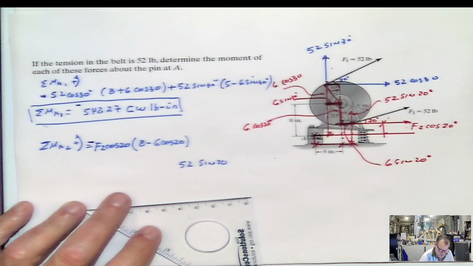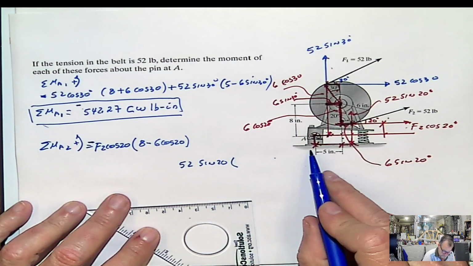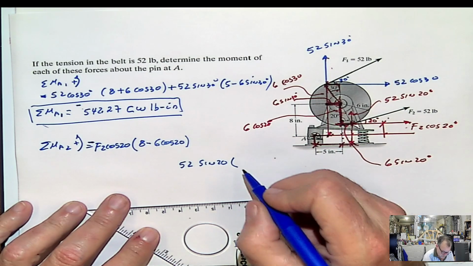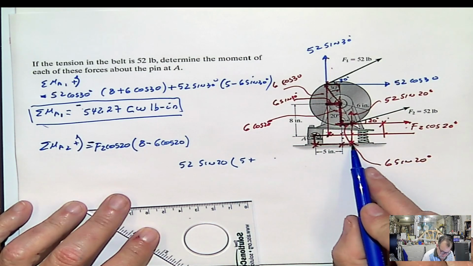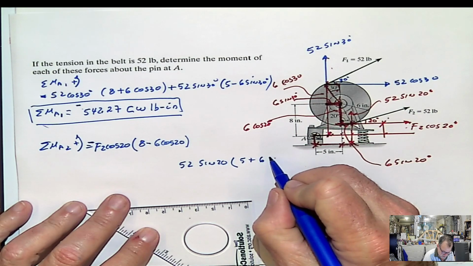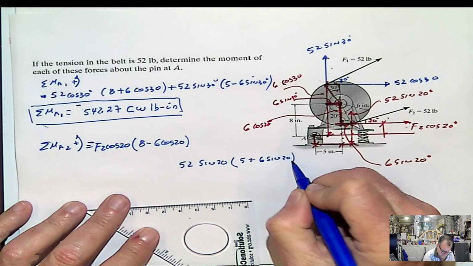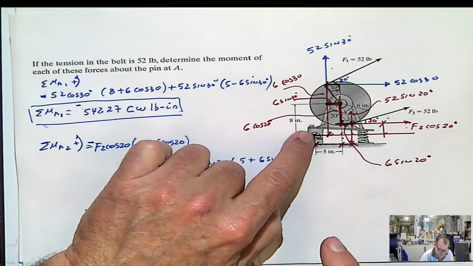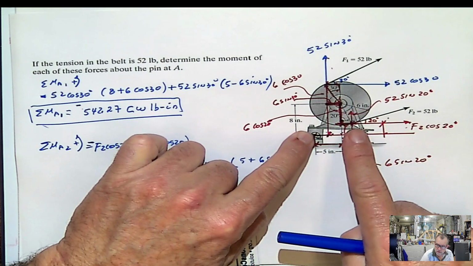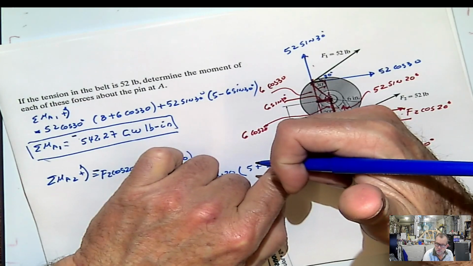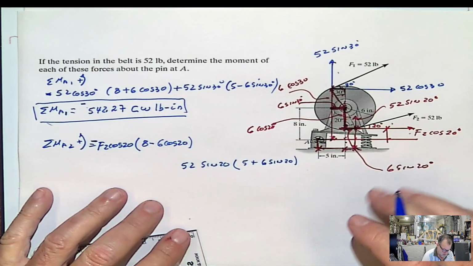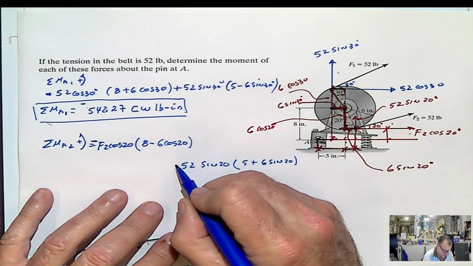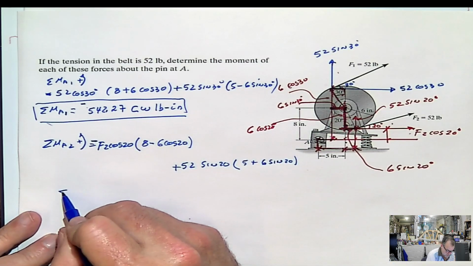Then the total distance will be 5 plus 6 sine 20. In what direction? Once again, put your finger, apply the force in this way, rotation, counterclockwise. Counterclockwise means positive in this convention.